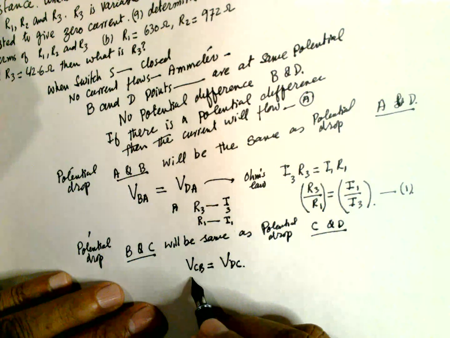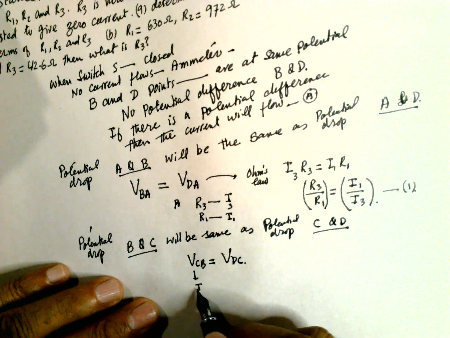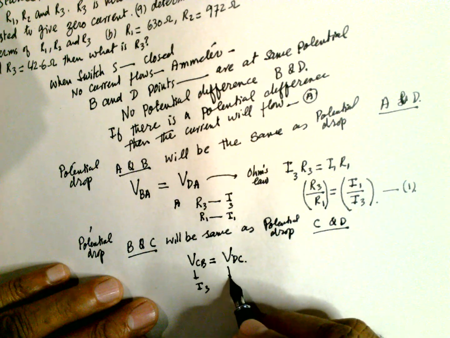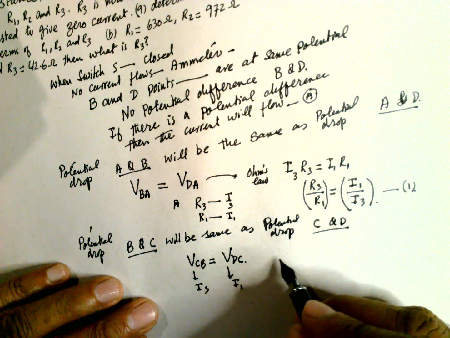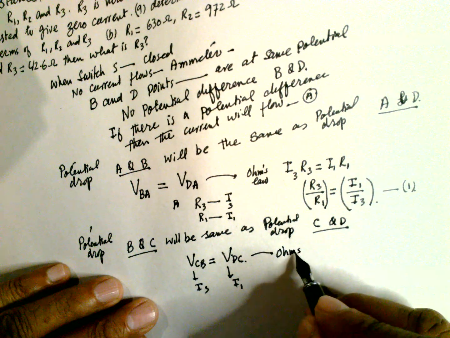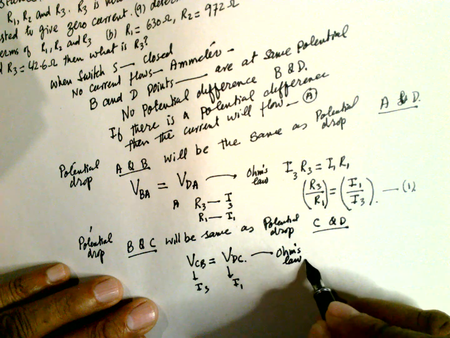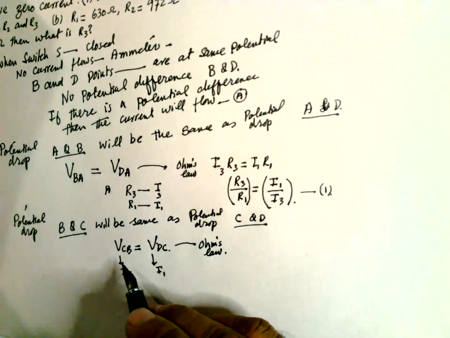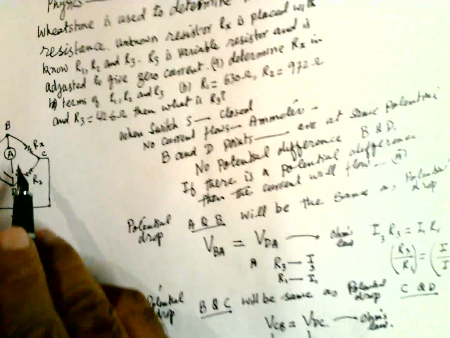In CB, the current is I3. In DC, the current is I1. So Ohm's law again, VCB, CB is Rx.